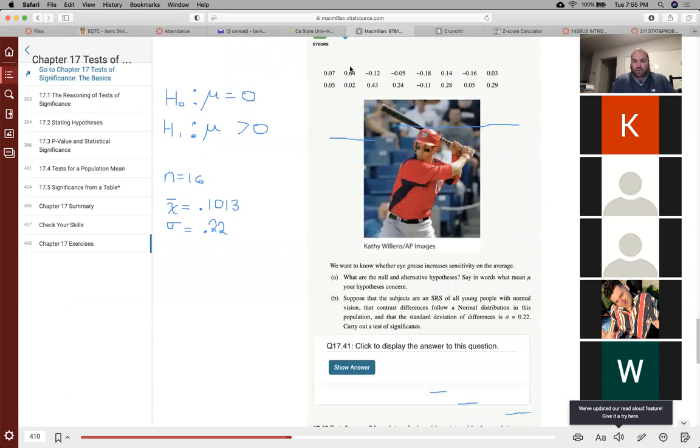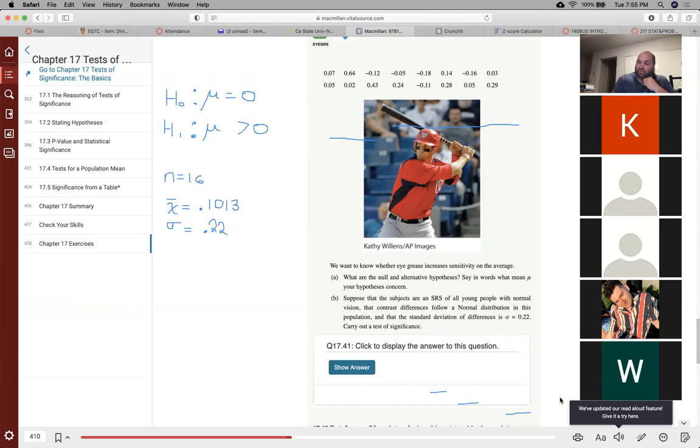So when they do not give you an alpha, what do we use for our alpha? 5%. Is my p-value greater than or less than alpha? Therefore, is the result statistically significant? Yes, it is. Remember, less than alpha means it's a statistically significant result.